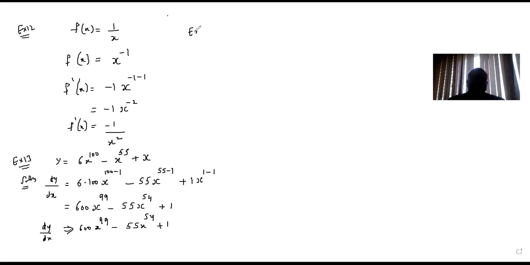My next example, example 14. You have to get the derivative of f(x) is equal to 1 plus x plus x square plus x cube, up to x raised to power 50, at x is equal to 1.